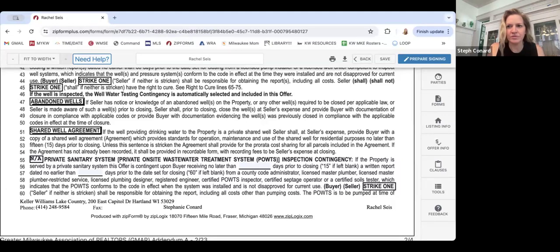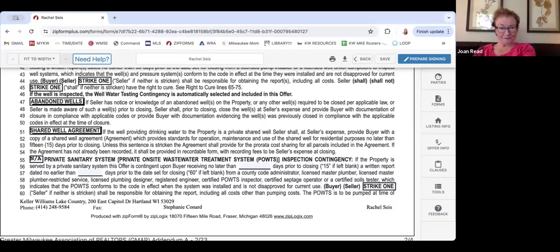For those of us working out on the east side, we rarely are including these, if ever. But those of us who are working more on the west side, Waukesha County, the existence of these systems is more prevalent.